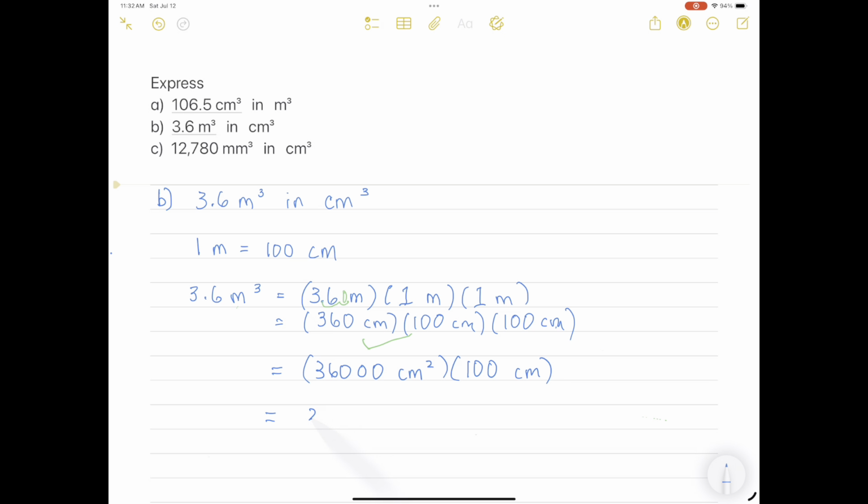To multiply 36,000 times 100, we add 2 zeros to 36,000, which gives us 3,600,000. Centimeter squared times centimeter equals cubic centimeters. So 3.6 cubic meters equals 3,600,000 cubic centimeters. And we box our answer.